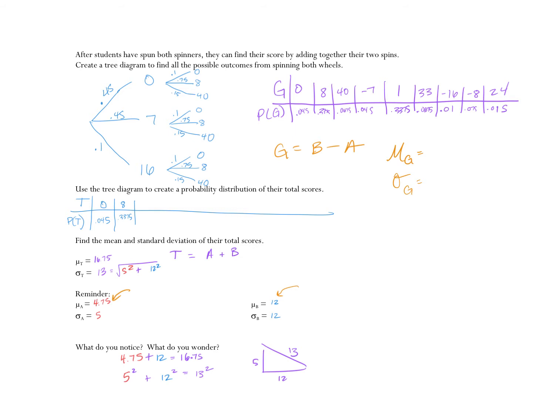Yeah. Mean is 7.25. Okay, I'll buy that. Oh, okay. And the standard deviation was, huh. That's weird. That's what I got too. Is that weird?